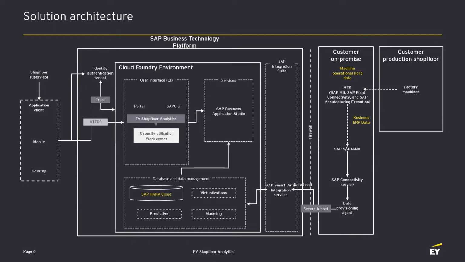So we get a variety of customers and they have different choices of deployment because of security reasons and so on and so forth. Because of that, we need our product to be flexible for deployment. And that's where we get this opportunity from the SAP BTP platform.